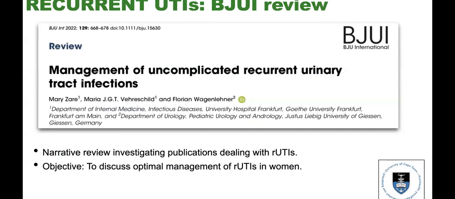This article was published in June this year, and it was a narrative review that investigated publications that deal with recurrent UTIs. The objective was simple: to discuss optimal management of recurrent UTIs in women.